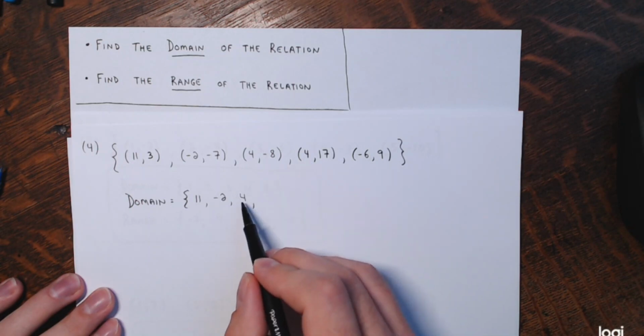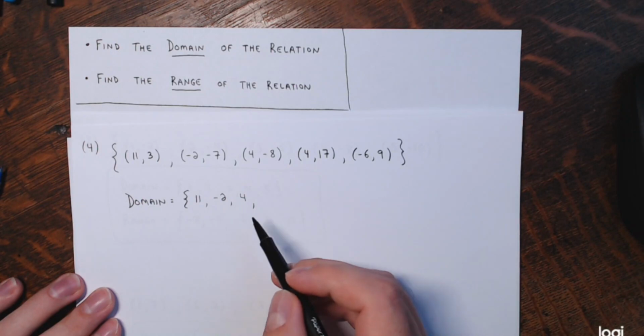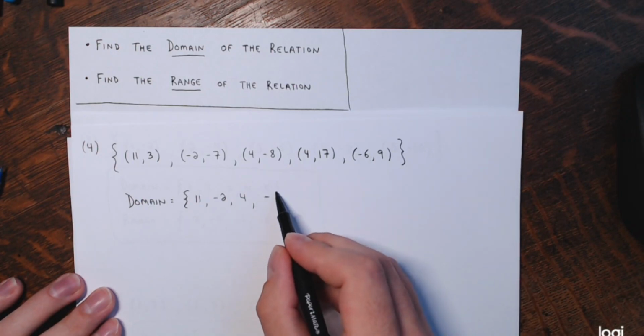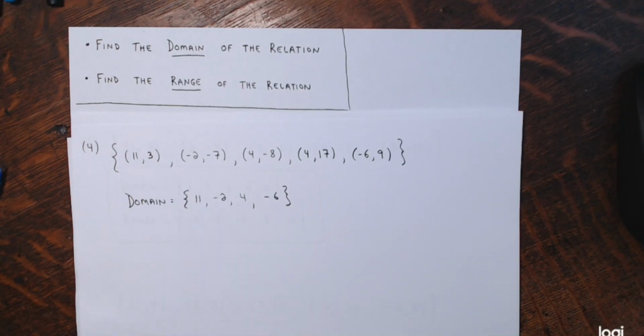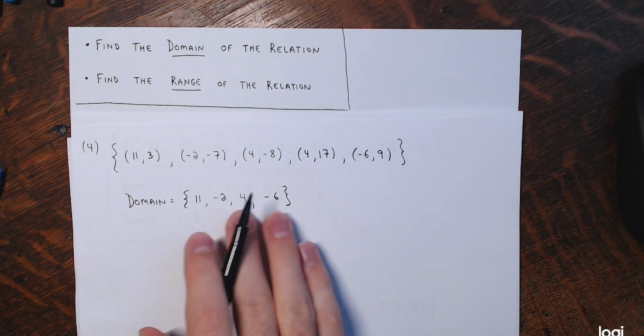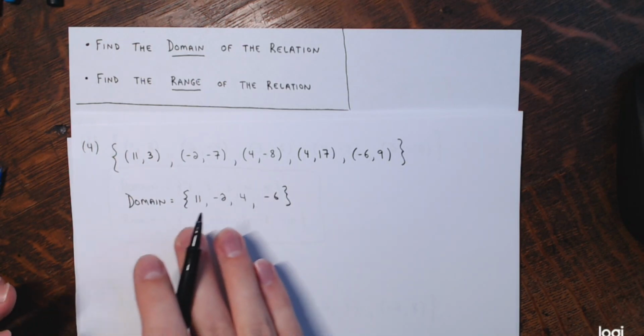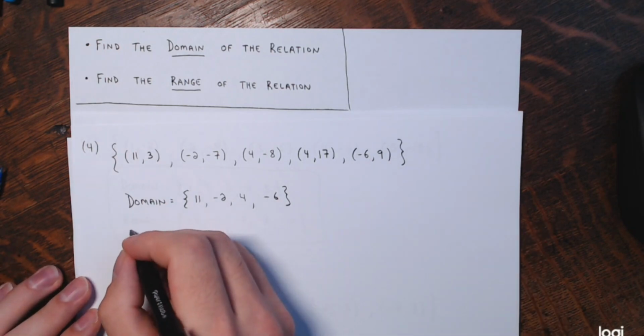Okay, so 4 is just an element of the domain and no need to repeat it. And then -6. And there you go, close the braces. There's the domain of this set of ordered pairs, this relation. And you may want to put this in order from least to greatest, -6, -2, 4, and 11, whatever. I'm going to keep it this way though.